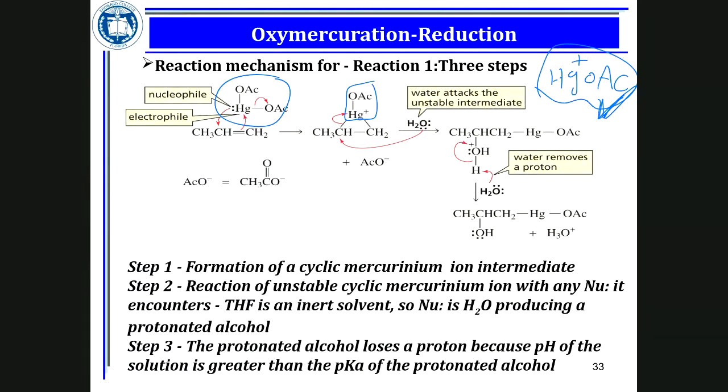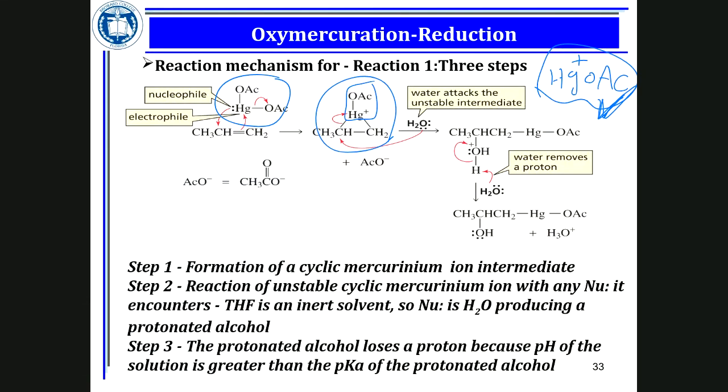When the mercury acetate ion comes in and forms the triangle, what's the first thing that comes to your mind? How does formation of a triangle affect the product? It's going to be anti-addition. Very good.